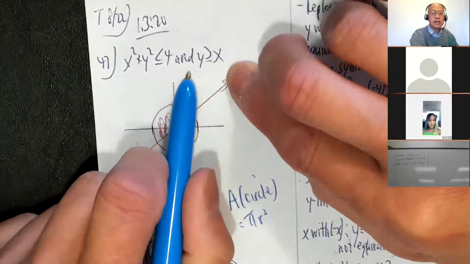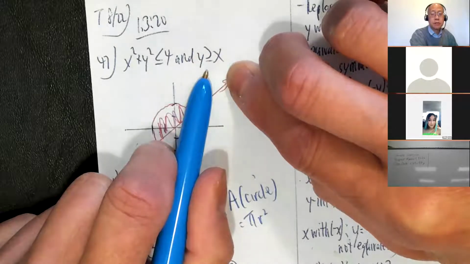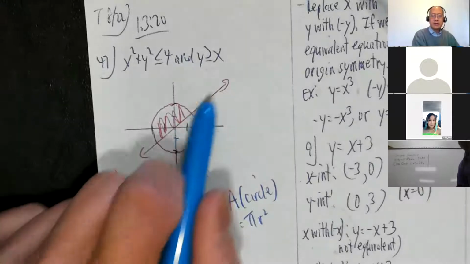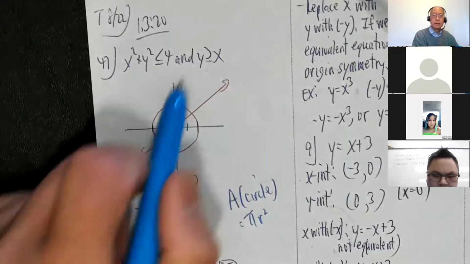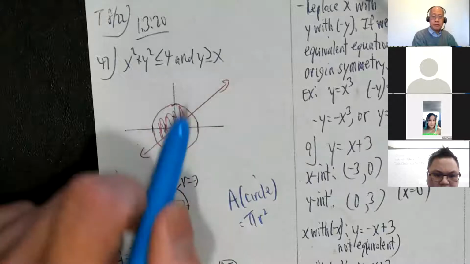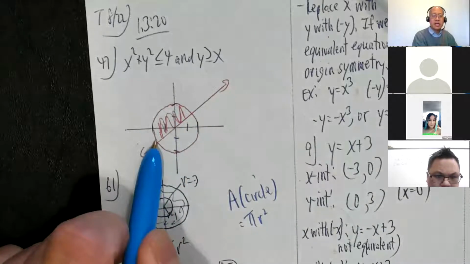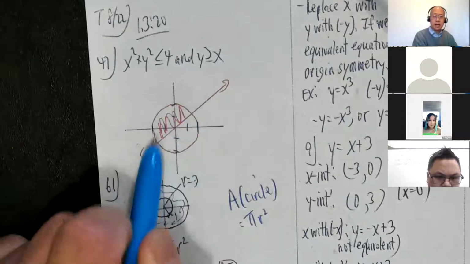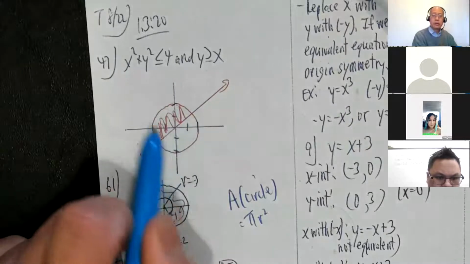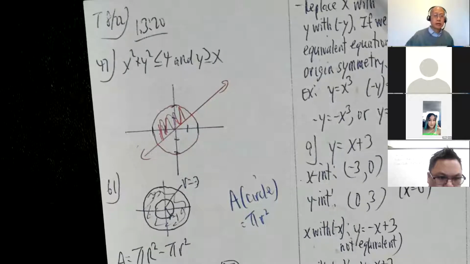Well, because it says y is greater than or equal to x also. y equals x is this line. It's solid. Greater than means above. So essentially, you're saying everything inside the circle, but it has to be above the line. So that tells me to shade only this portion right over here. So that's what I do for 47.